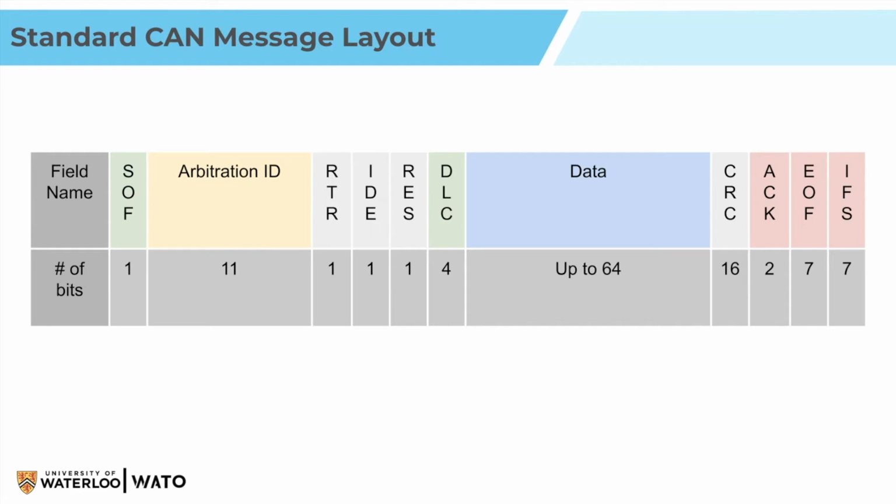And then the DLC, that stands for your data length code. This is going to be how long your data is in bytes. And of course, after your DLC, you have your actual data, which is a maximum up to 64 bits. The next field is the CRC, the cyclic redundancy check.